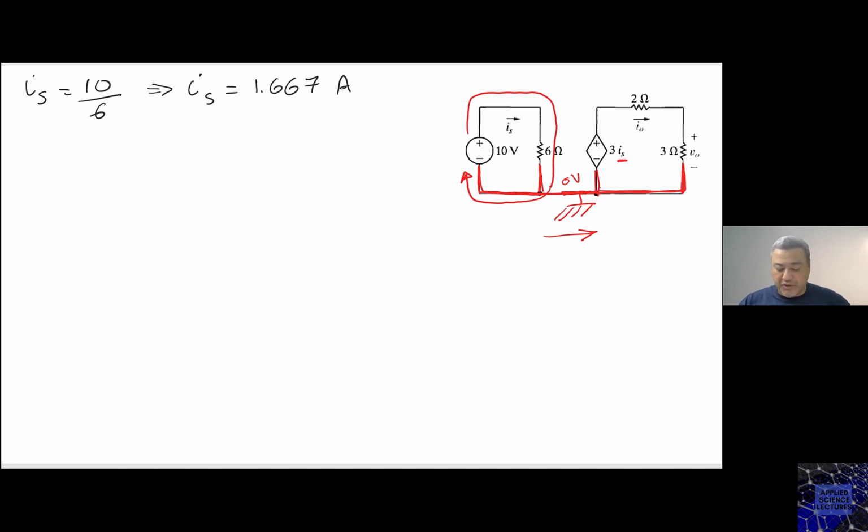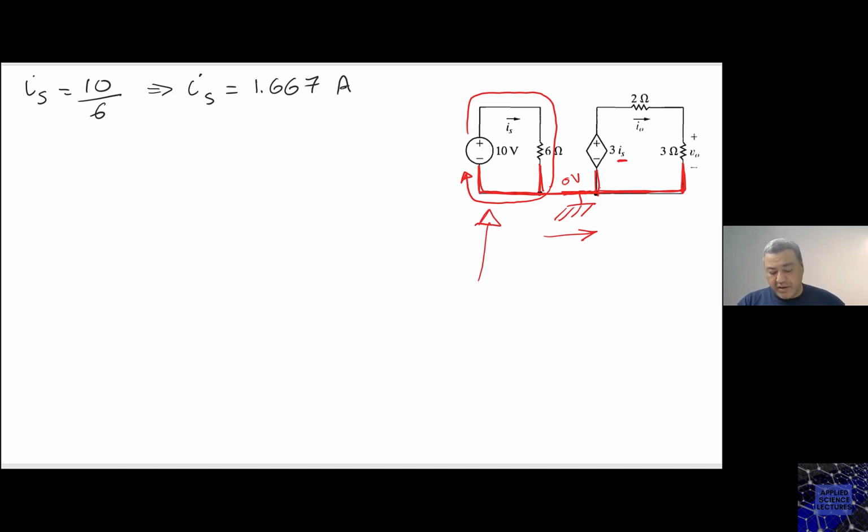No, you cannot look at it this way. What you need to look at here is a closed path for the current. This one is a closed path for the current. Here you have a closed path.